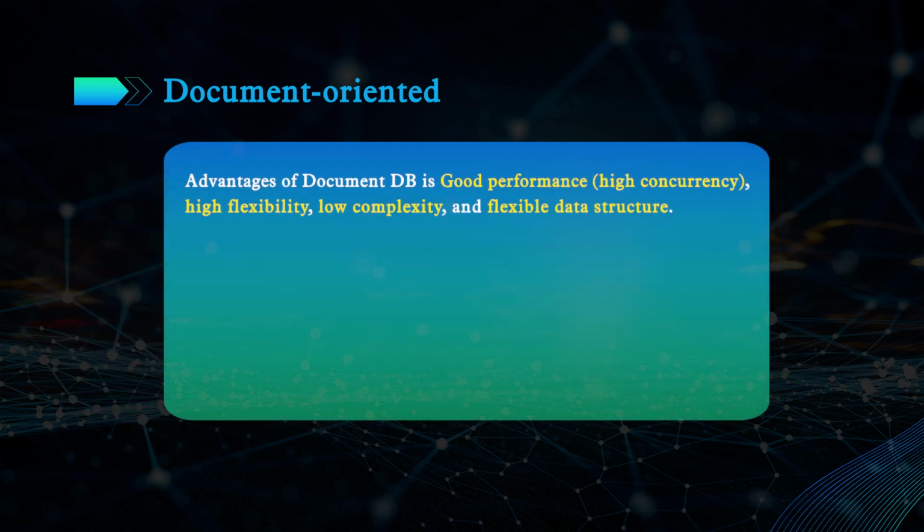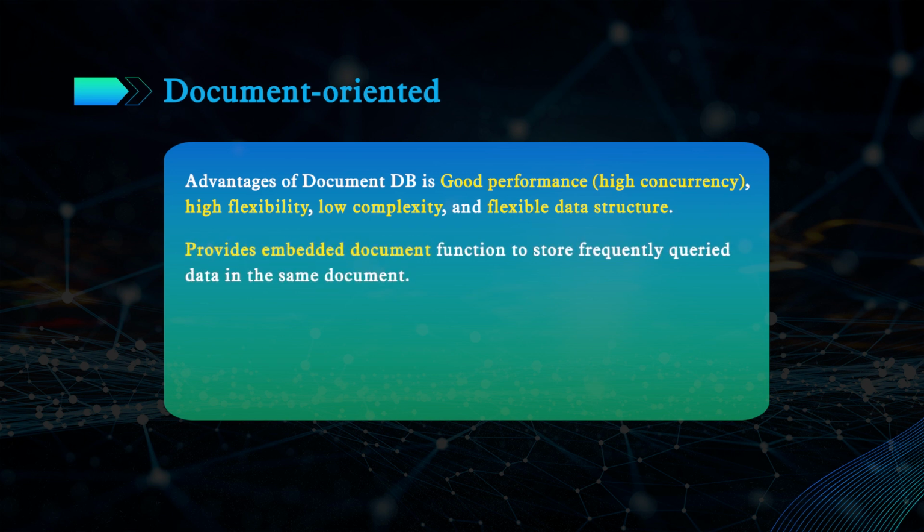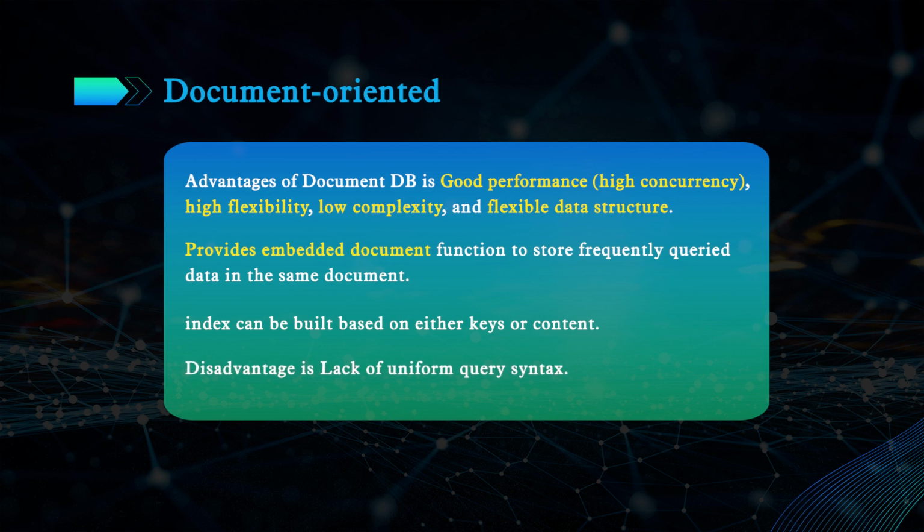Advantages of document database are good performance, high concurrency, high flexibility, low complexity, and flexible data structure. It provides an embedded document function to store frequently queried data in the same document. Indexes can be built based on either keys or content. The disadvantage is the lack of uniform query syntax.